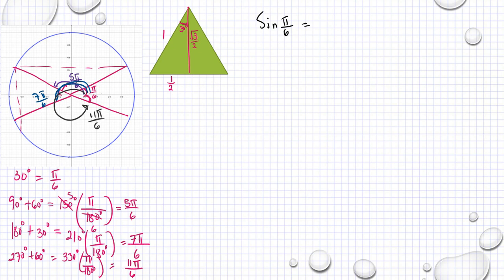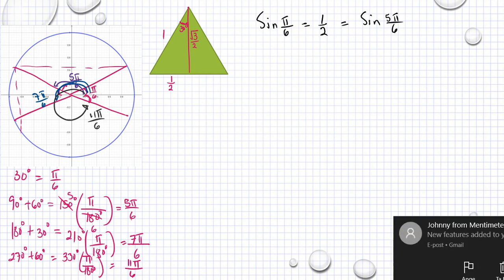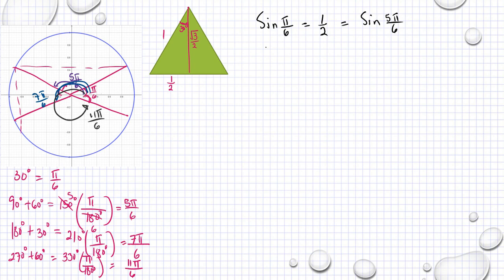We know that's the opposite side divided by hypotenuse, and we have 1/2, or 0.5. And that is also equal, in the second quadrant, to sine 5 pi divided by 6. And then for the negative, we have the third quadrant, sine 7 pi divided by 6, that is negative 1/2, which is equal to sine 11 pi divided by 6.